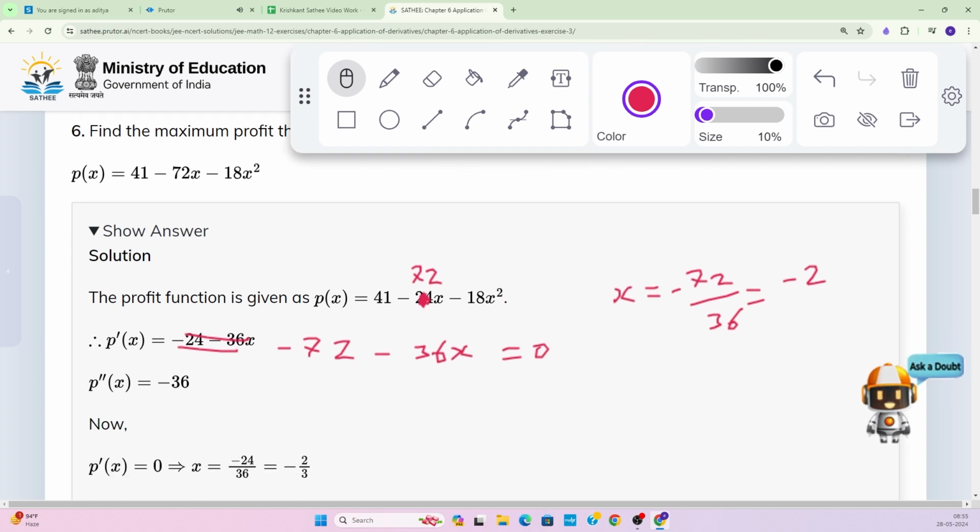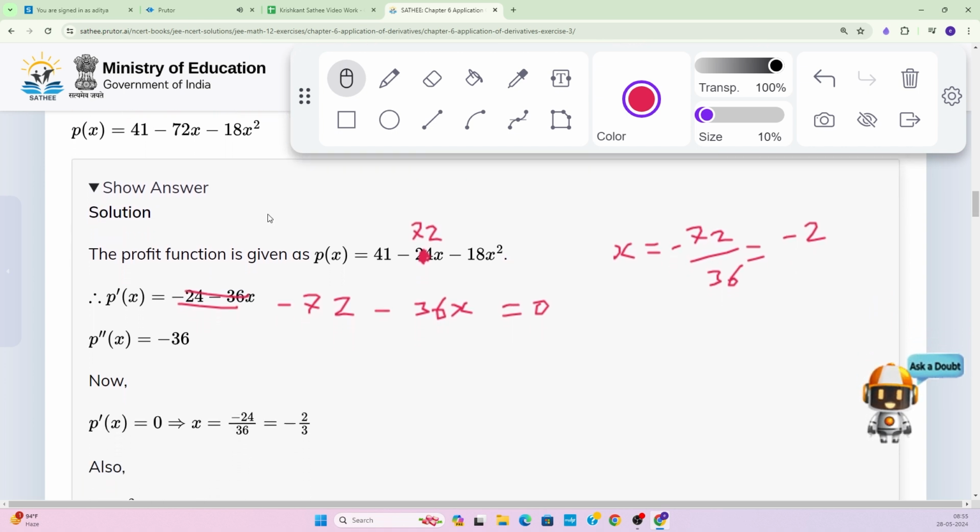Now put minus 2, and also find the second derivative. We will apply the second derivative test. The second derivative will give you minus 36, which is negative, meaning a maximum will occur at minus 2.